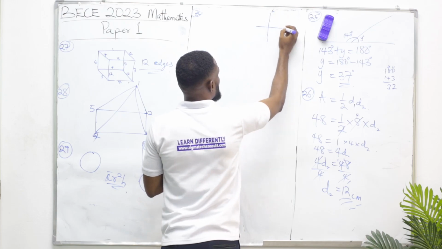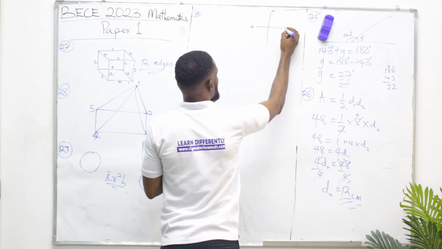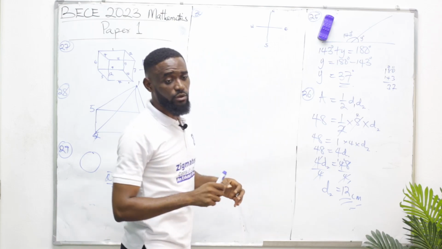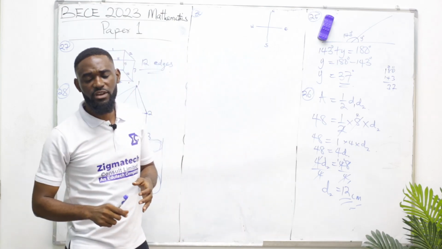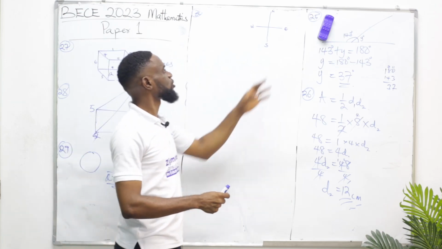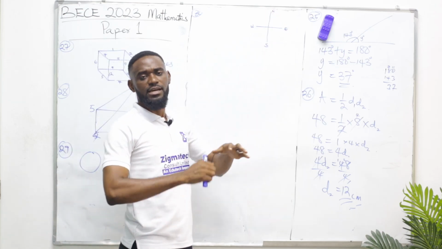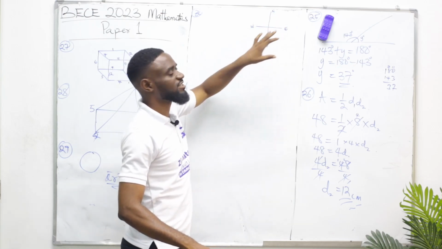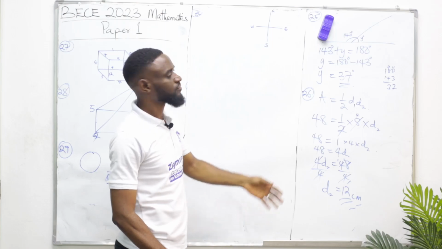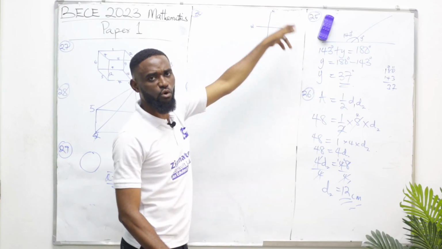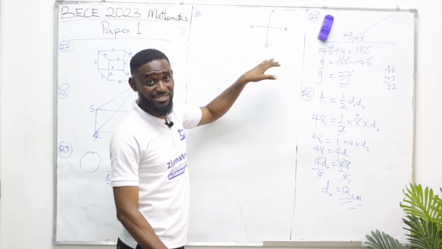North, west, east, south. Is that okay? Now, drawing the bearing of any particular angle or object, we begin from the North Pole. This coordinate system is divided into 4 quadrants: the first, second, third, and fourth quadrant. You must understand these things about bearing.